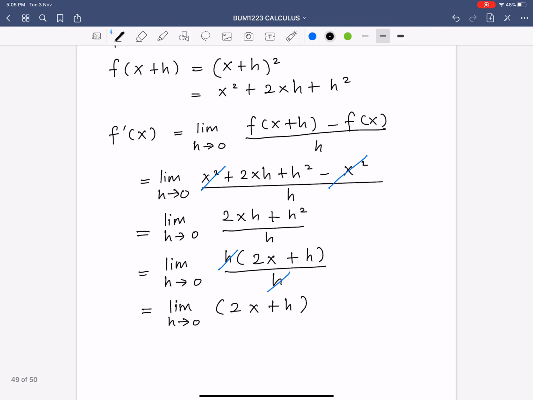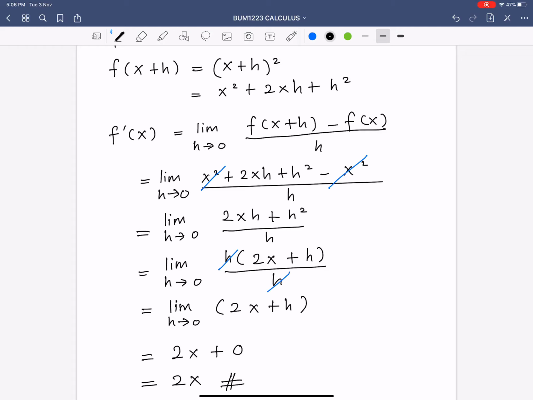At this stage, we can try direct substitution. If we substitute h equals 0, then we have 2x plus 0, which equals 2x. So this is the answer for f prime x.